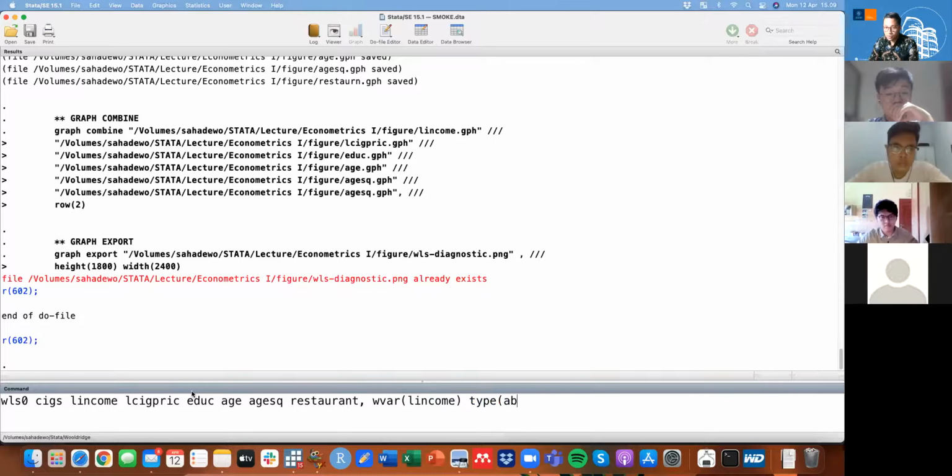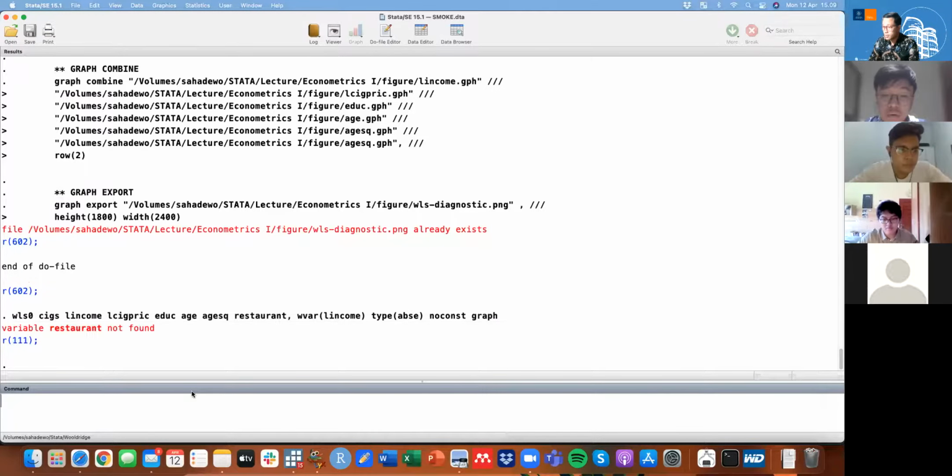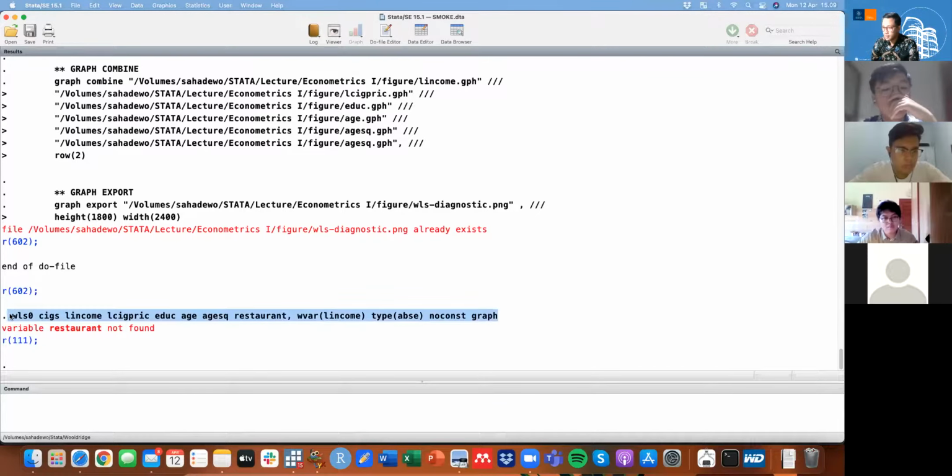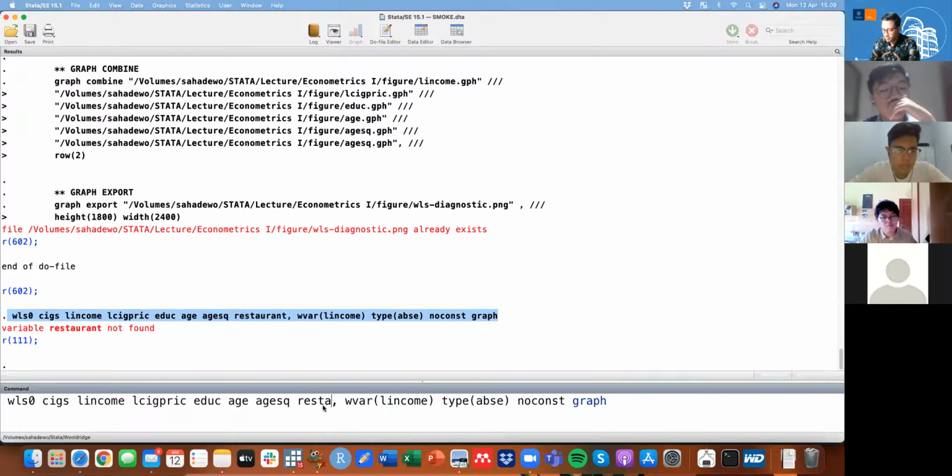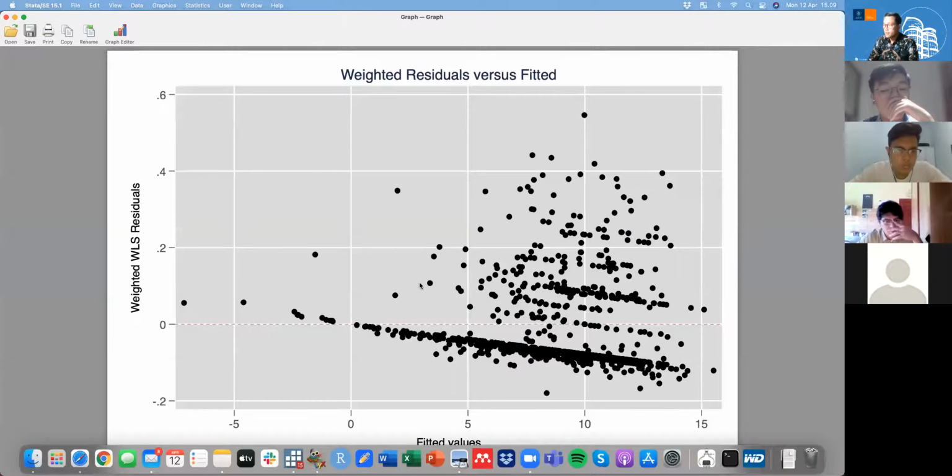And then what I'm going to do is the absolute error, and I'm also going to use a graph for this one. Okay, my bad, it's actually restaurant. If you run the regression, this is the weighted residual.